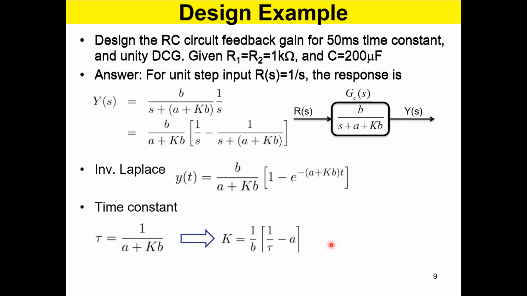Which means A and B are system components, resistors, caps, etc. And tau is whatever you want. Let it be 50 milliseconds or 100 milliseconds, you put it there and then calculate K. So which K gives you 50 millisecond time constant.